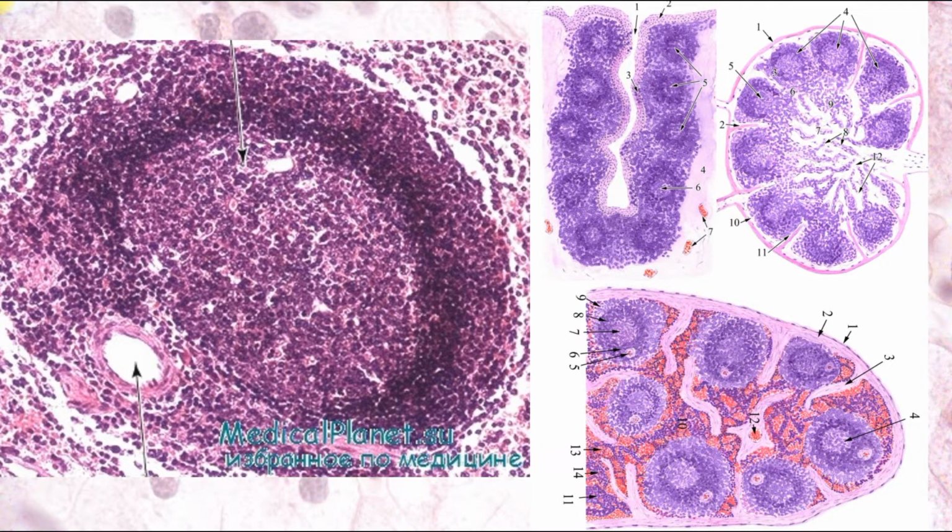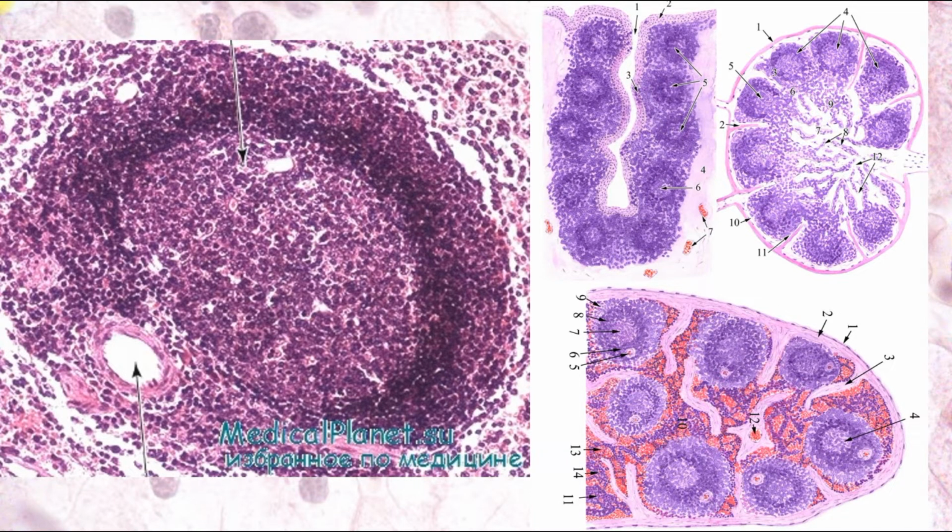Don't confuse two terms: lymph node, it's an organ, and lymphatic nodule or lymph nodule, it's a small group of lymphocytes. This is nodule and this is node. Or nodule may be called follicle, lymphatic follicle or lymphoid follicle. So lymphoid or lymphatic follicles or nodules are small groups of lymphocytes which are present in tonsils, in the lymph nodes, in spleen, and also they may be present in mucosa and submucosa of different hollow organs.